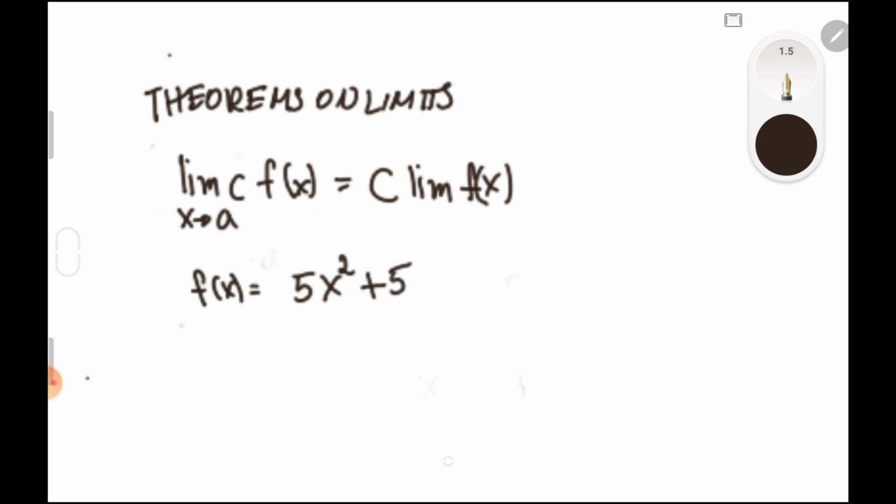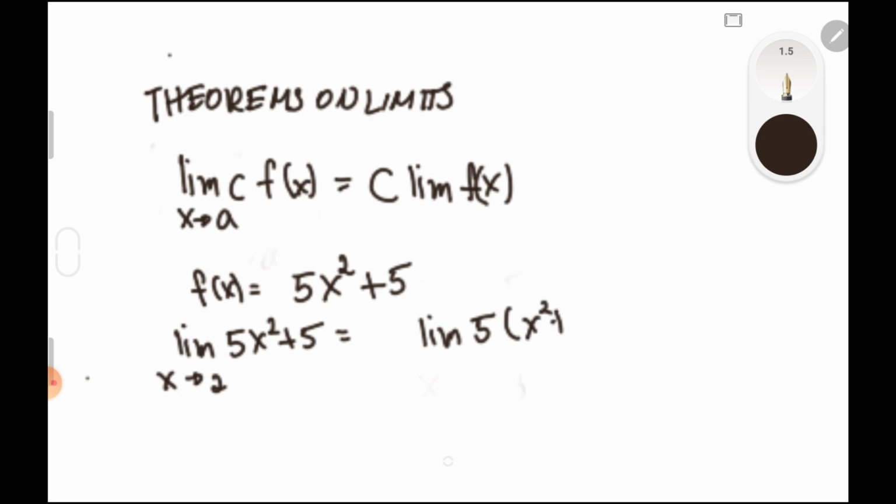So getting the limit of this one, we'll have the limit of 5x squared plus 5 as x approaches 2, which can be rewritten by factoring out 5: the limit of 5 multiplied by x squared plus 1 as x approaches 2.